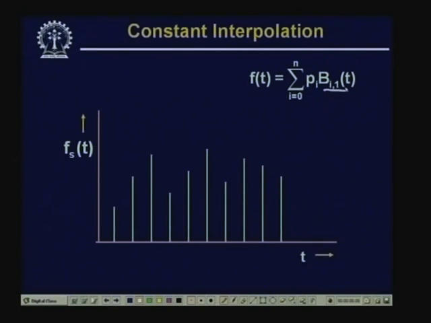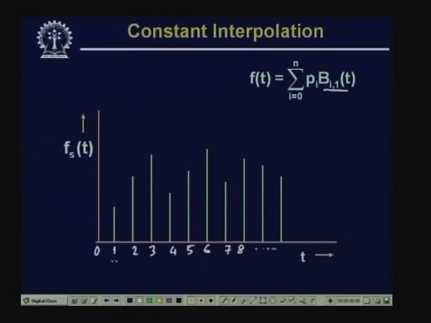That means we have a B-spline of order 1, and we have shown that its nature is constant between i and i plus 1, and equal to 1. So, using this, I try to interpolate this function, as shown in this diagram, which are nothing but some sample values. I take t equal to 0 here, t equal to 1 here, 2 here, 3 here, 4, 5, 6, 7, 8 and so on.